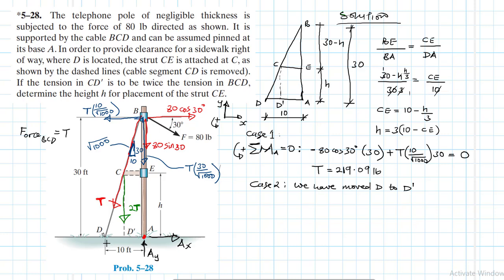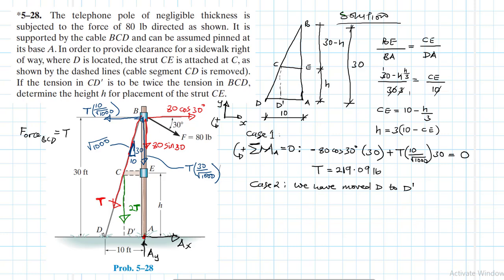Okay, we want to clear that space maybe for a sidewalk or something else, but we need to move this point of the cable to D prime. So if we did so, we've been told the tension in CD prime will be twice the tension in BCD, and we found the tension in BCD, which is 219.09 pounds.